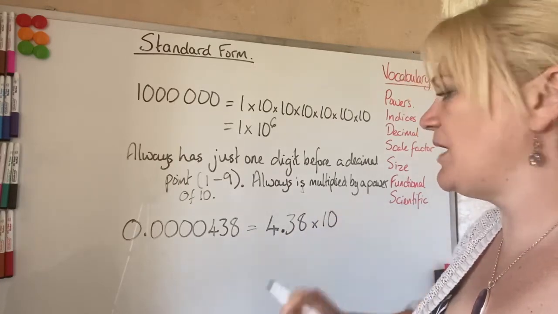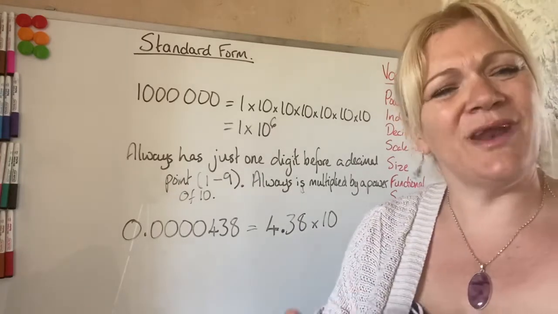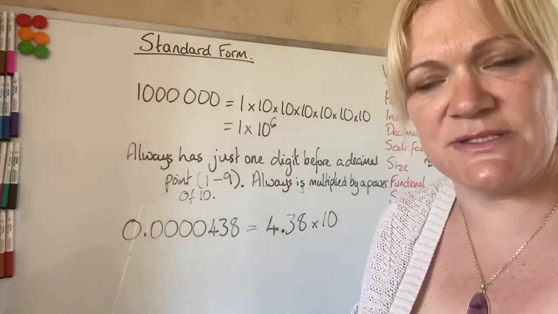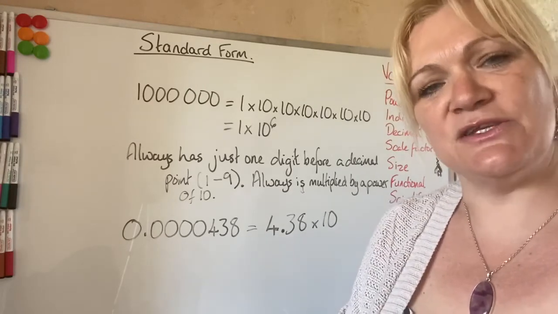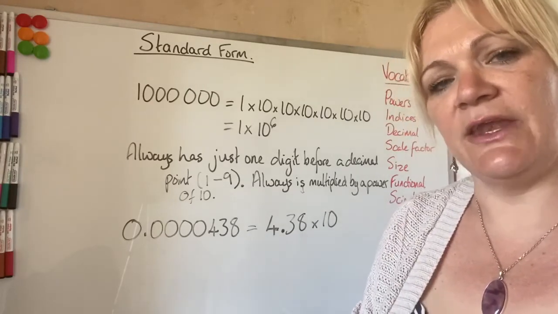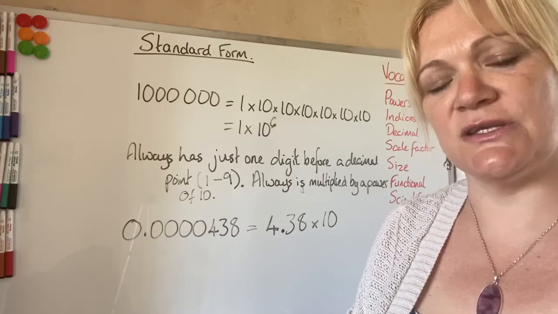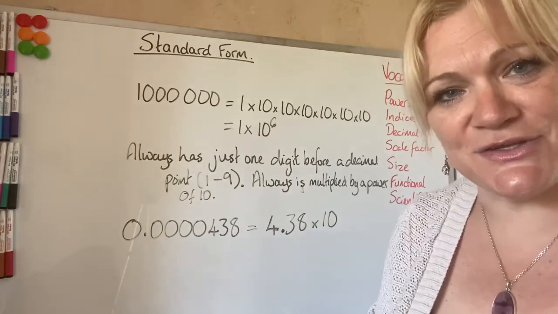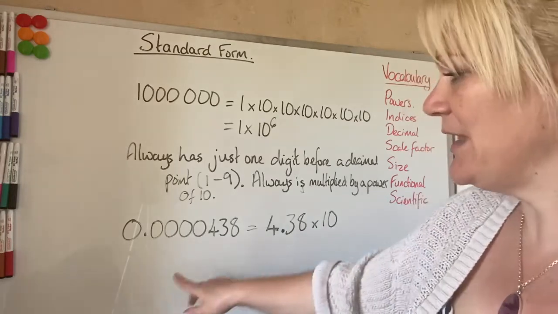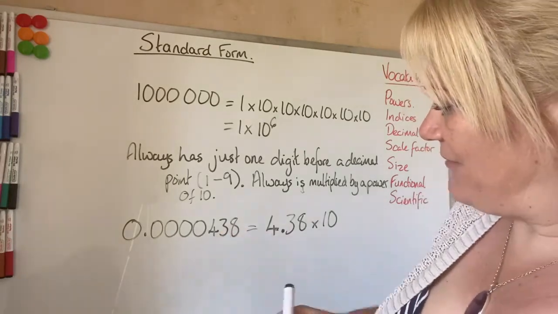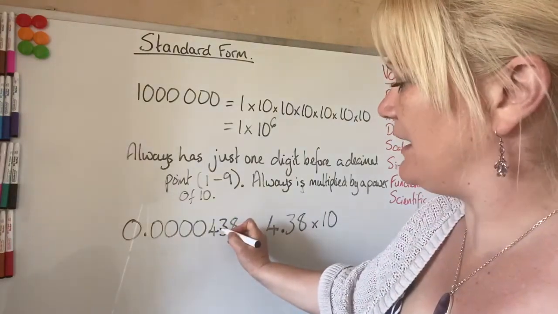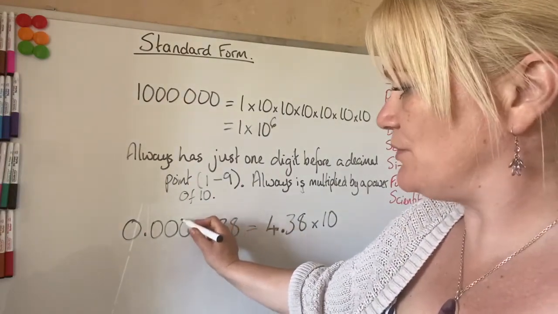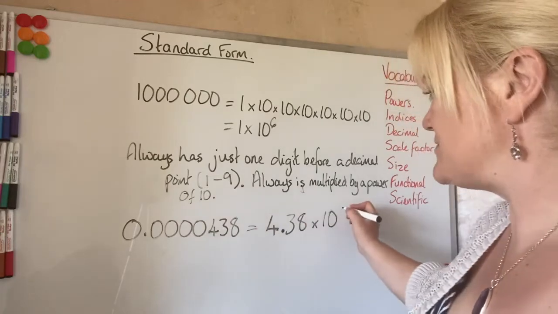Now this time when I multiply it by 10, what I'm actually doing is sort of dividing it by 10 lots of times. If you know your powers and you know your indices well, then hopefully you'll already have come across the notation of a negative power. If not, this is the first time you're going to see it, but don't panic. So if we're going to have our decimal point coming in here now, we've divided by 10 1, 2, 3, 4, 5 times.